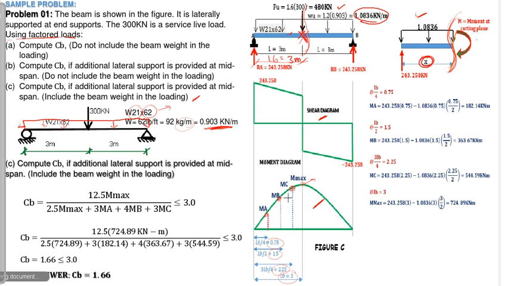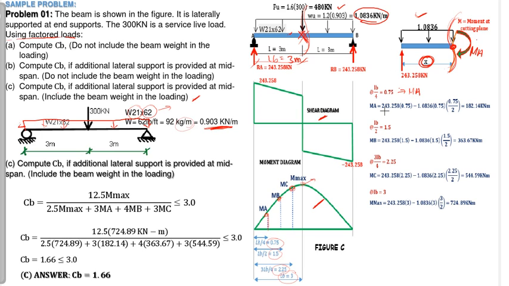Okay? So, if our X is equal to 0.75, makukuha natin yung MA pag nag-cutting plane tayo sa MA. Just have to take the moment here para makuha ninyo. So, ito. This is for MA at X is equal to 0.75. So, mag-take lang kayo ng moment gamit itong loading natin.